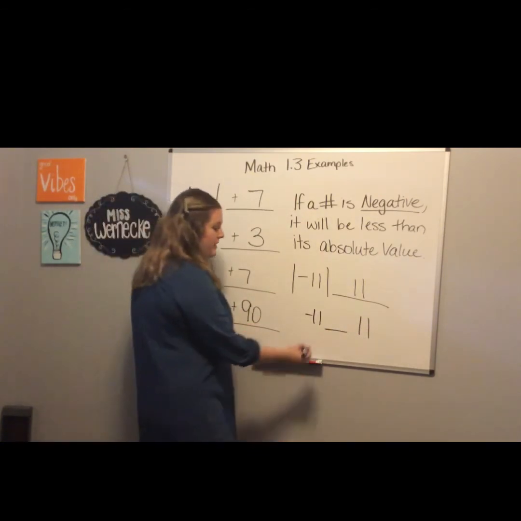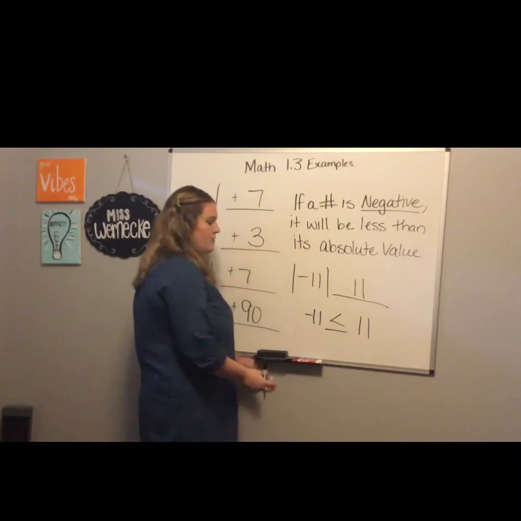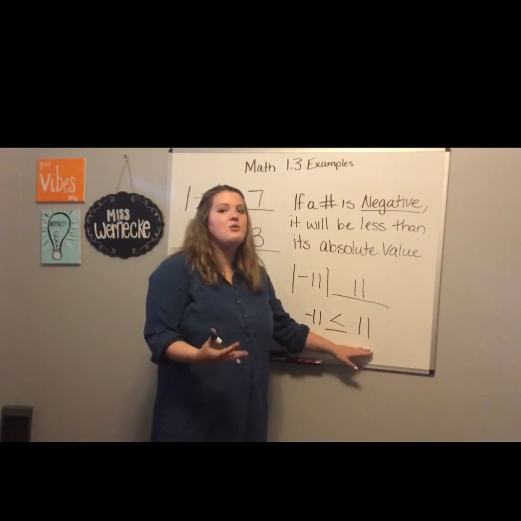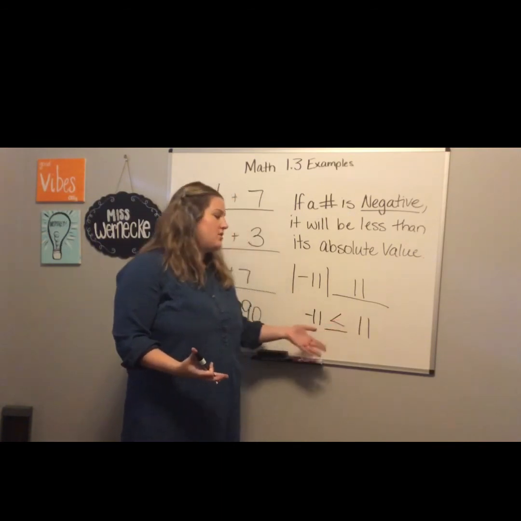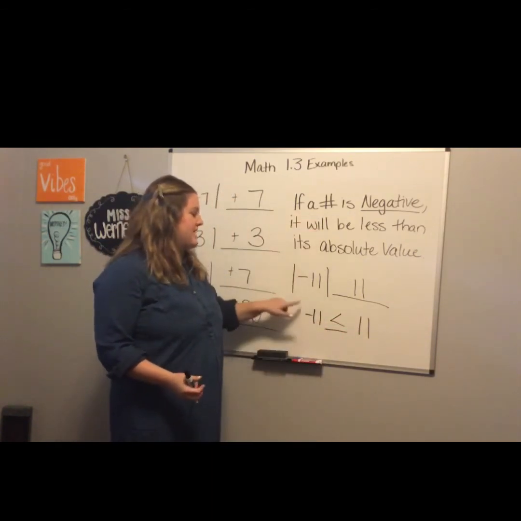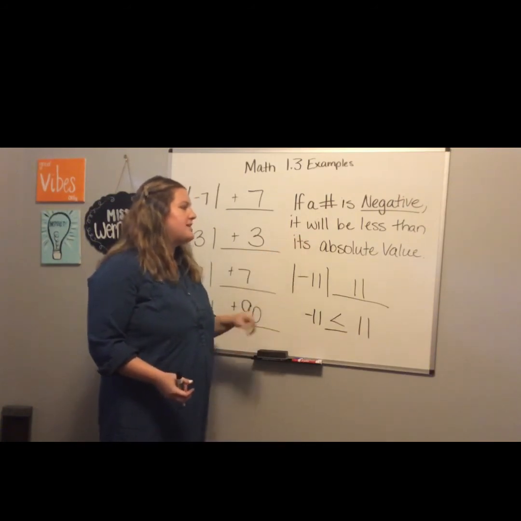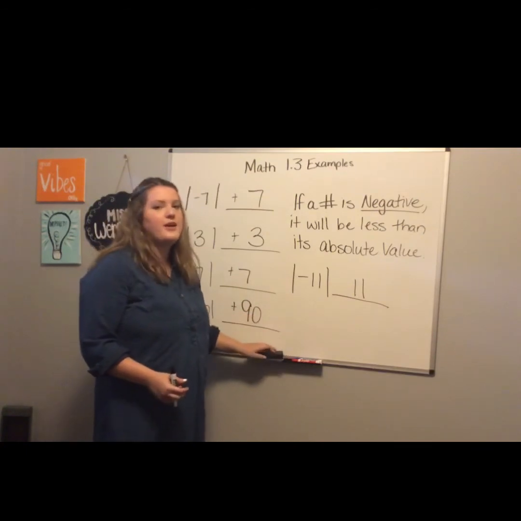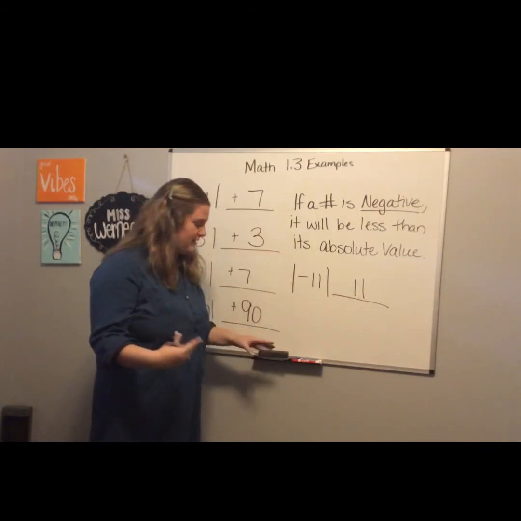It's going to be less than. Would you rather owe me $11 or have me give you $11? That's greater, okay? So, if a number is negative, it will be less than its absolute value. That's just because absolute value is always positive.